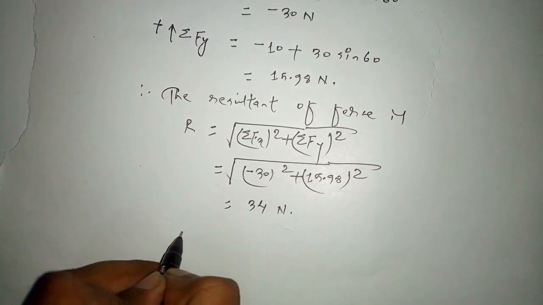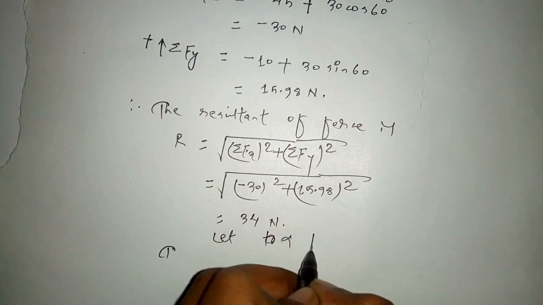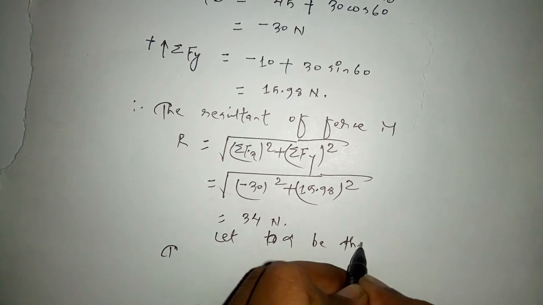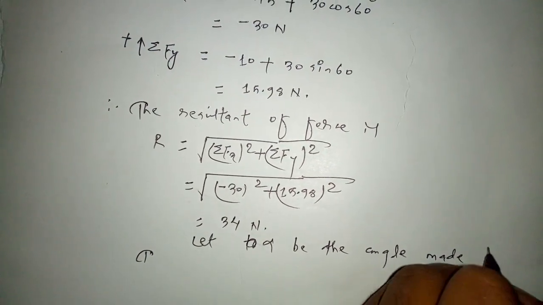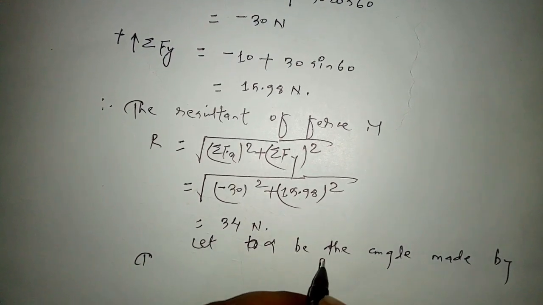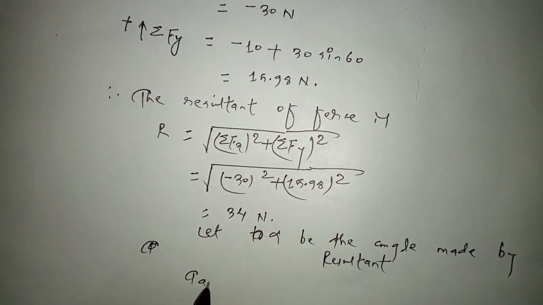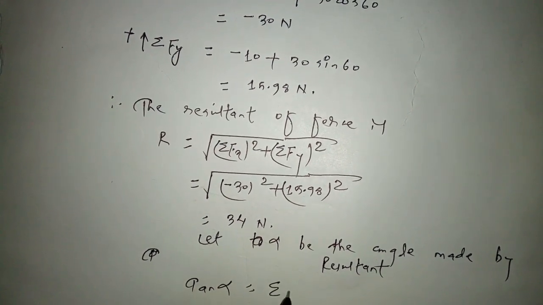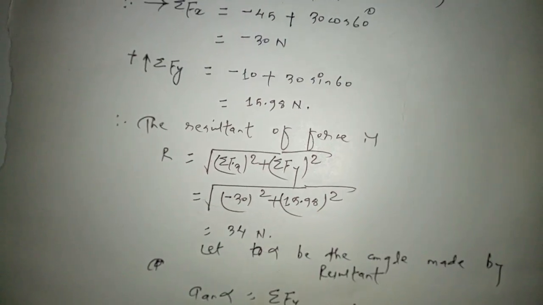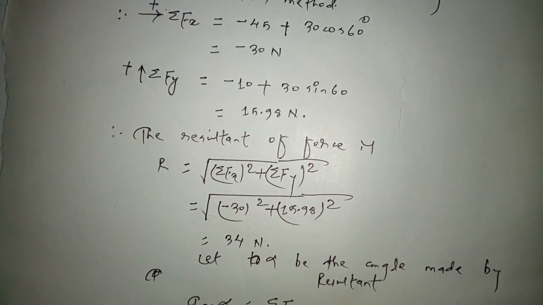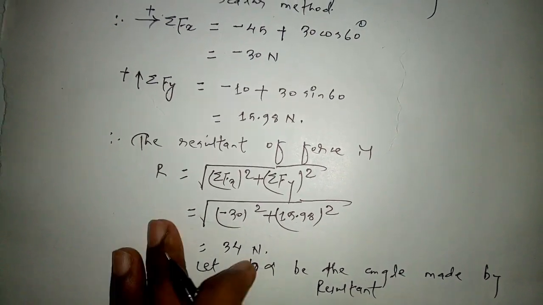Look here guys, to find the resultant we also have to find the angle at which the resultant is directed. Therefore let alpha be the angle made by the resultant. Therefore tan alpha is equal to summation of Fy by summation of Fx, which is equal to 15.98 by minus 30.